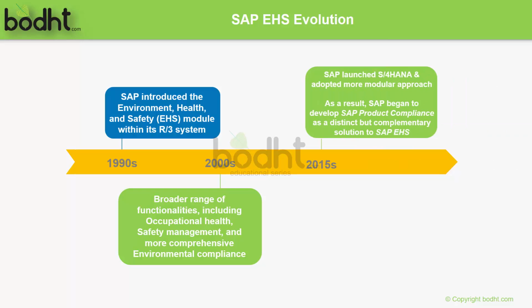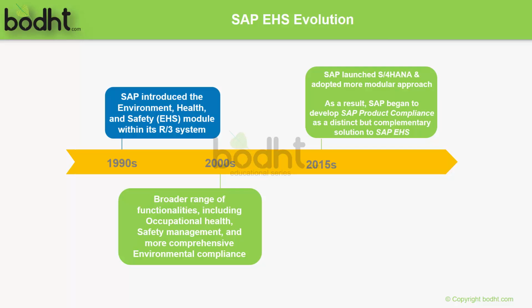Then in 2015 they came up with S4HANA. So from there on, this new generation suite can provide the real-time data processing and improved analytics and better integration with multiple systems.